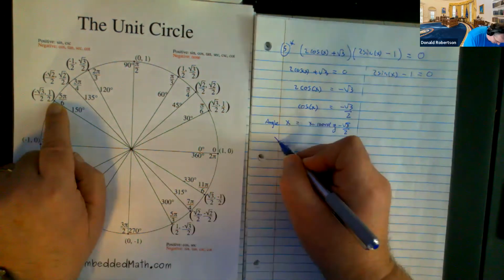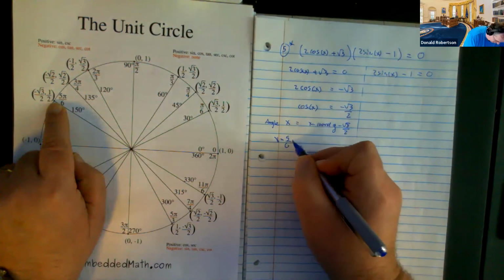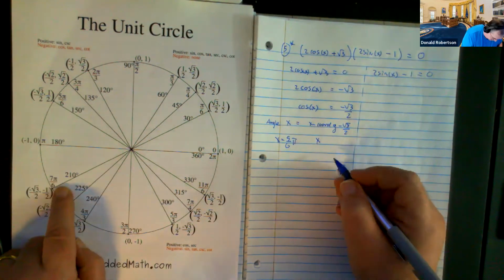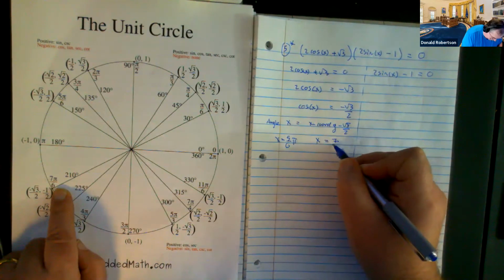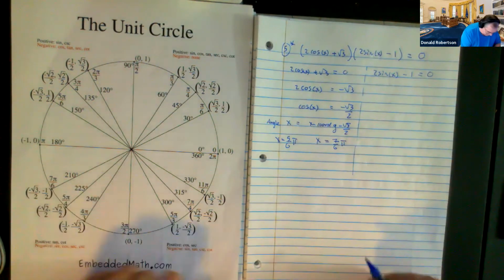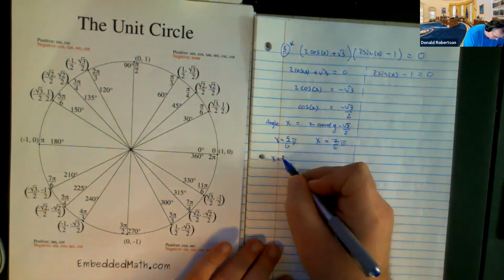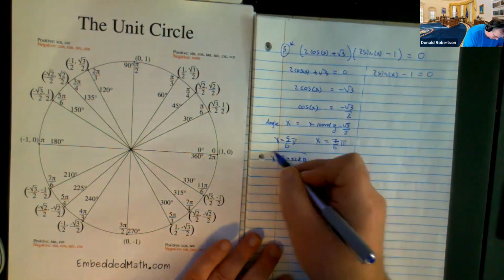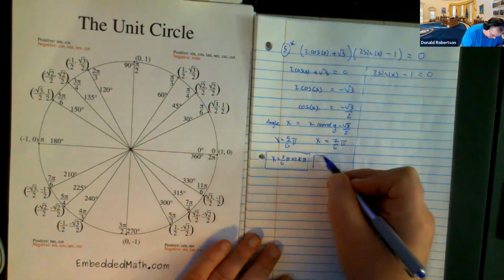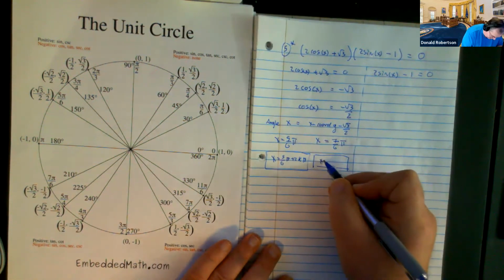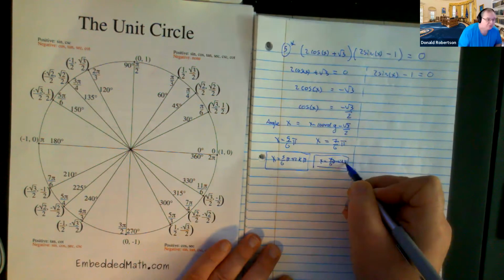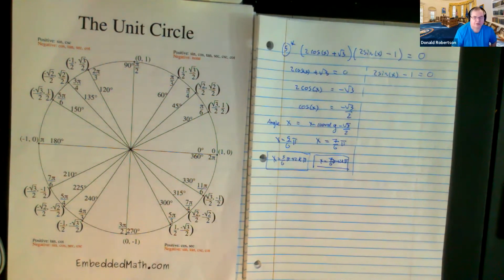So that is 5/6 pi. And the other one is down here somewhere, and that is 7/6 pi. And we can now add on any multiple of 2 pi that you like, and that's one solution. And any multiple of 2 pi on that section.